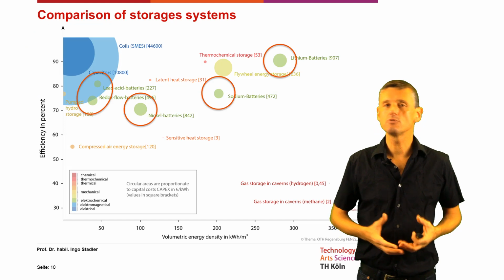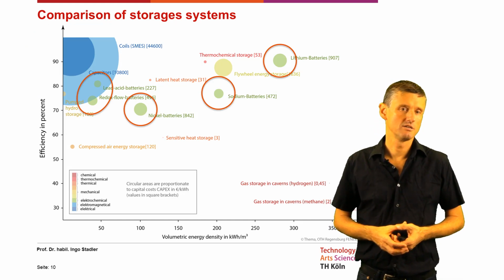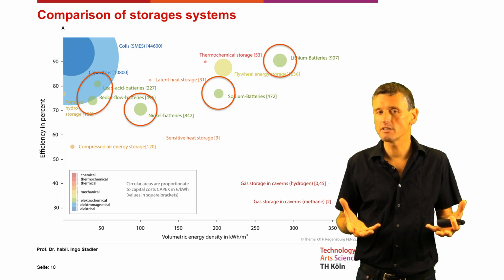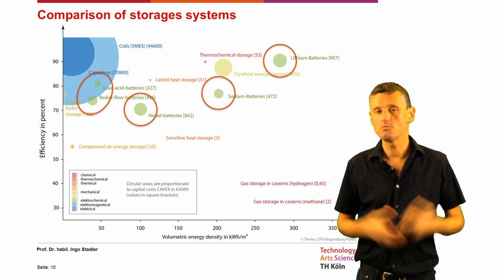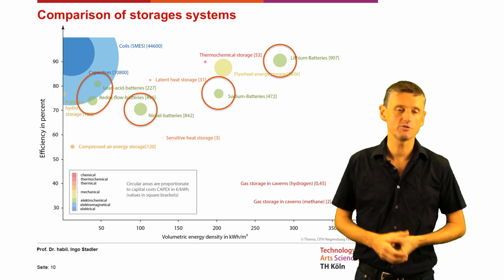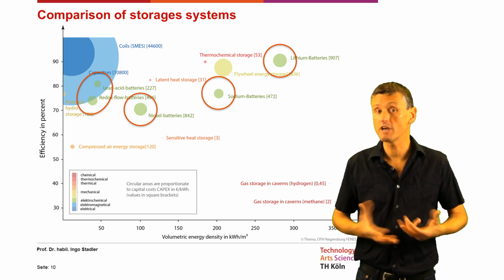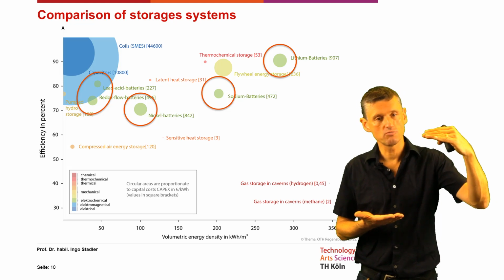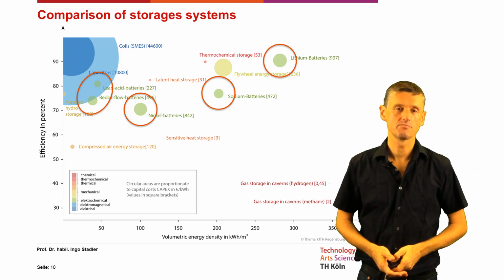When coming to the electrochemical stores, the costs, you can see already, are much smaller than the pure electrical, but compared to the other stores we see on this slide, they are still very high. But they have high efficiencies too, and quite a wide range of energy densities.